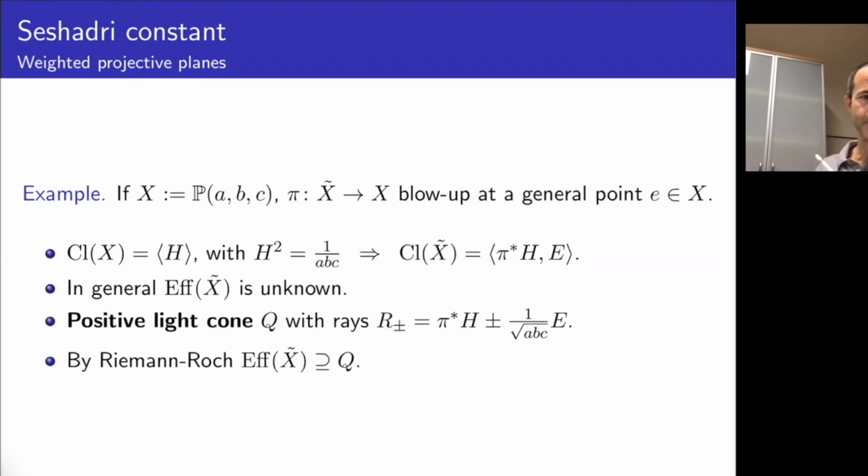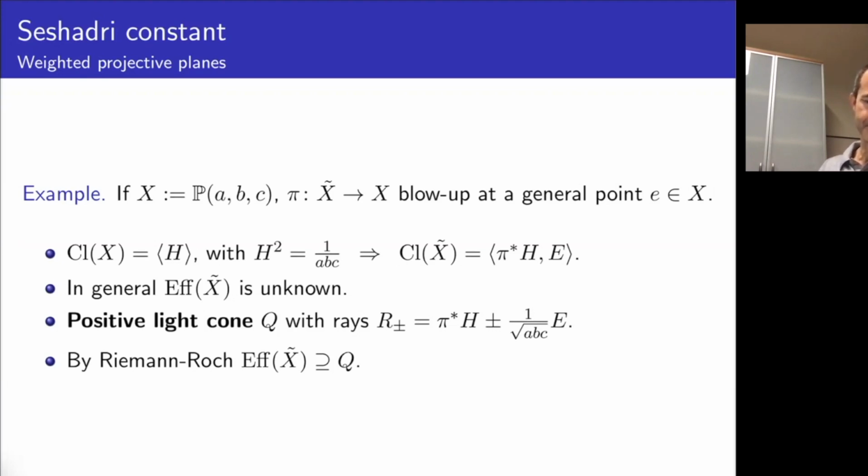So when we blow up one point, we have 2-dimensional cones, as in the case of P2. In a sense, it seems to be an easy case, because we have just 2-dimensional cones. But in general, the effective cone of the blown-up surface in this case is unknown.